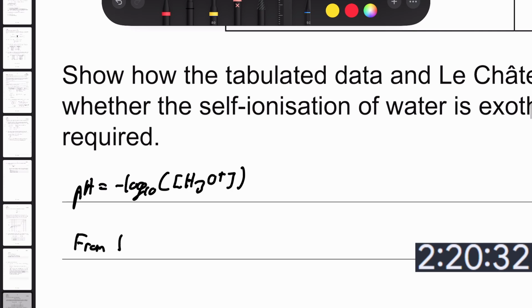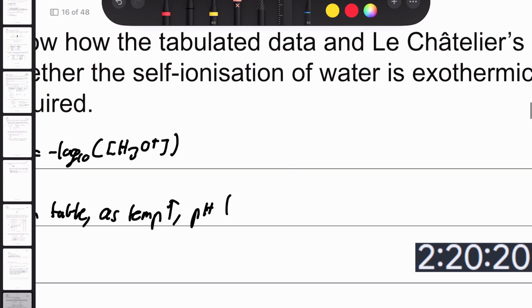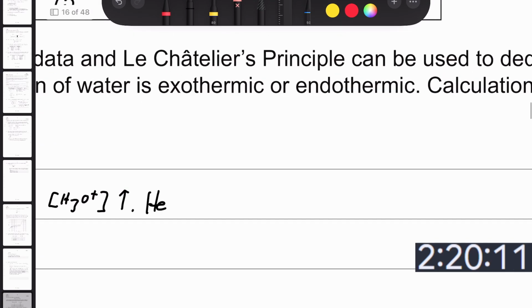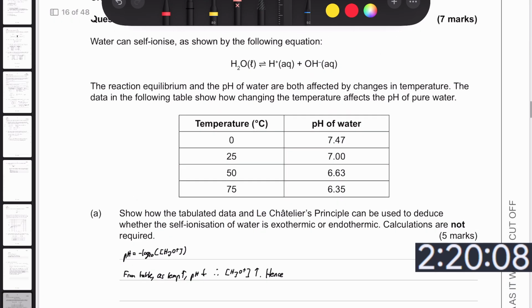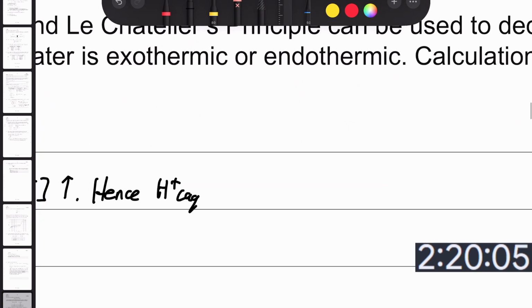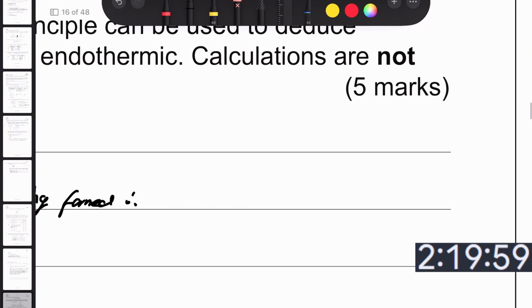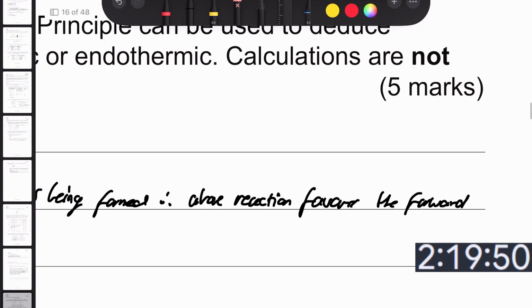So we'll say from the table, as my temperature increases, what we see is that pH will decrease, therefore H3O+ must be increasing, hence forward reaction, hence H+ aqueous is being formed, therefore the above reaction favors the forward direction.